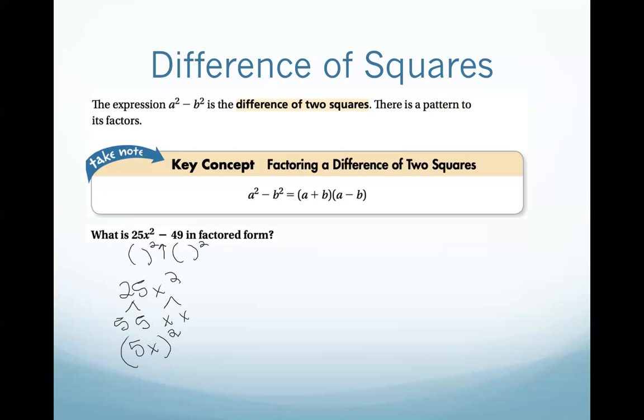Same thing for 49. 49 is 7 times 7. So we can say this is minus 7 squared. This is a difference of squares. I have two squares and I'm subtracting them. And so we follow the formula. It should be whatever's inside of the parentheses, that's 5x, plus whatever's inside of the parentheses, that's 7, times the same thing, but this time subtracted.